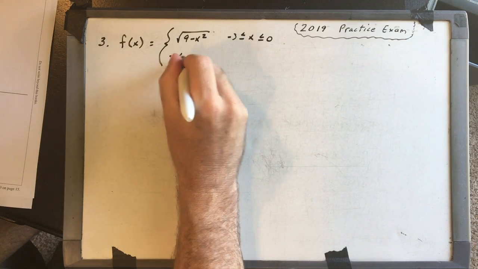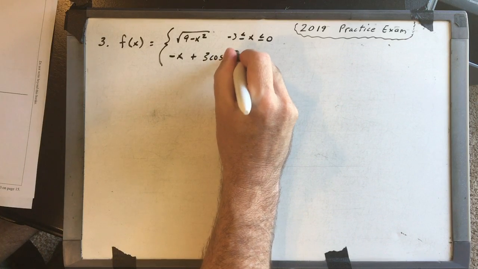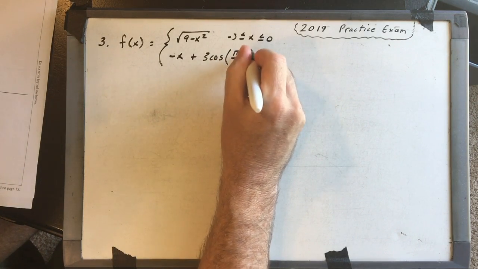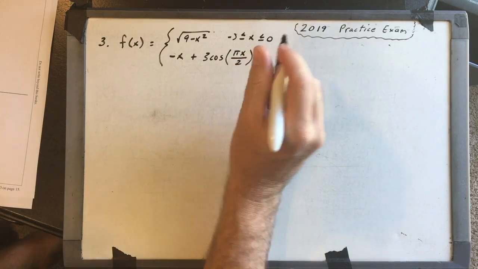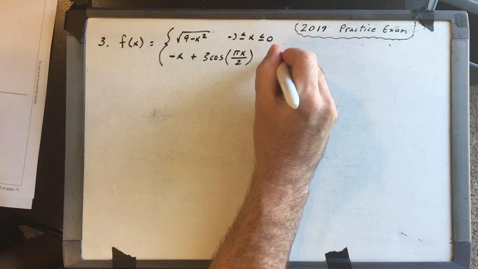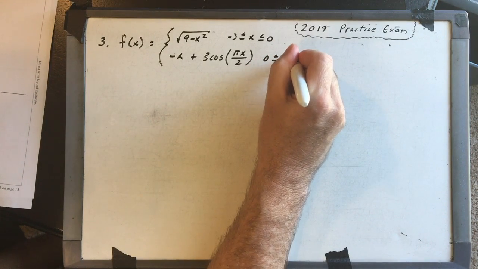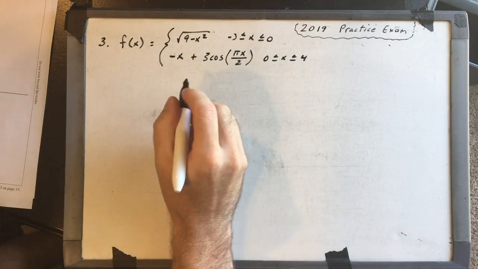And then negative x plus 3 cosine pi x over 2, and that is from 0 to 4.